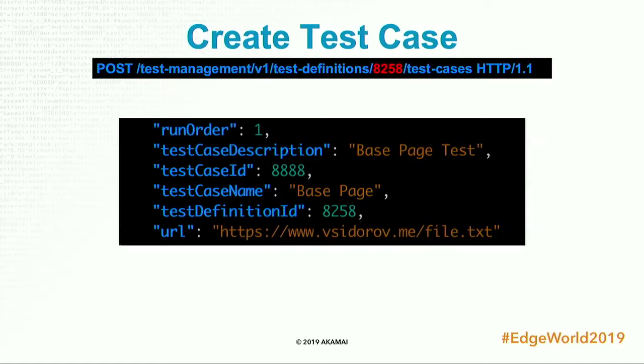For example, if you have images, JavaScript files, CSS files embedded into a page, and you want to include them in a test, you can just check the box to compare embedded content, and this test case will test this page and all the embedded content on that page. And this is just this one test case.